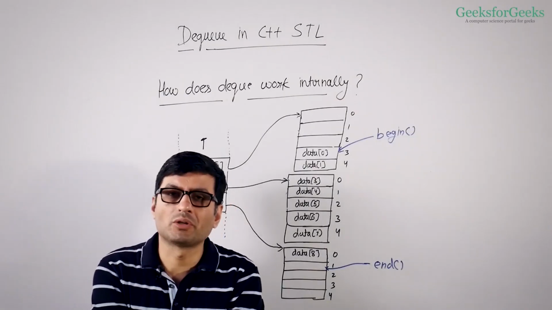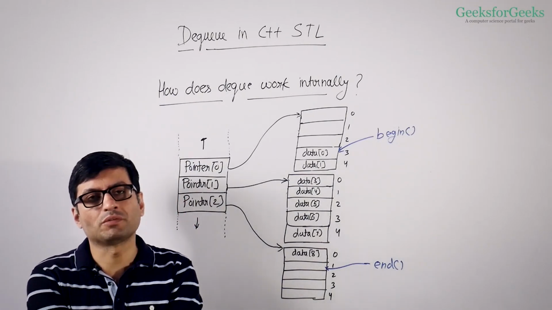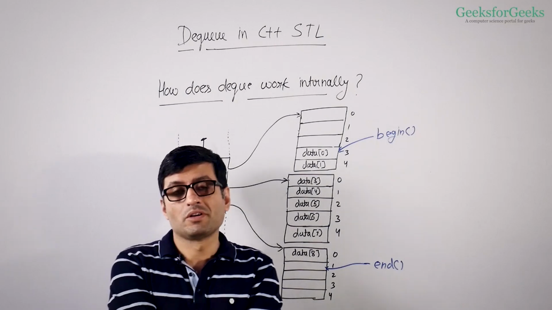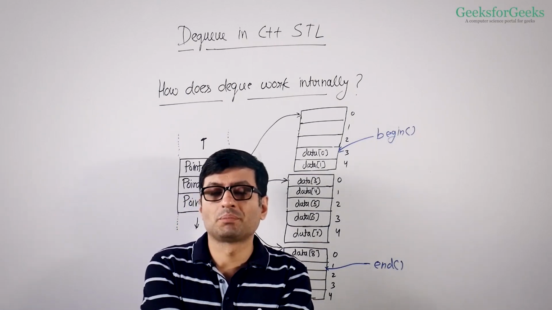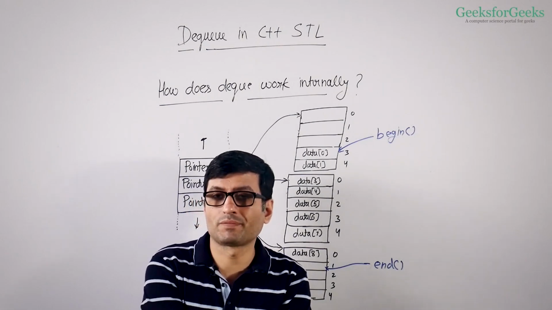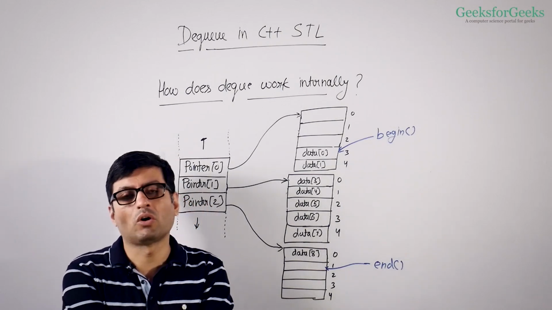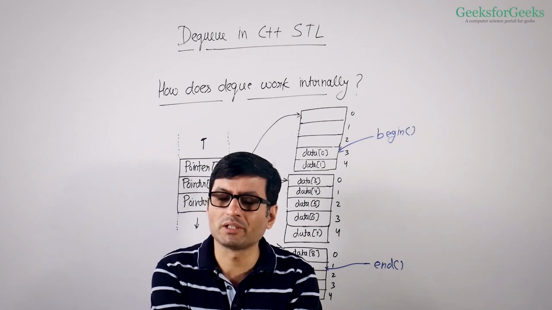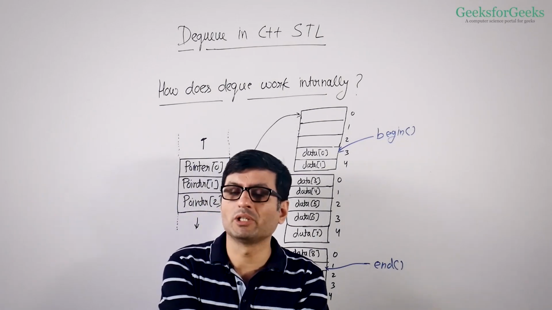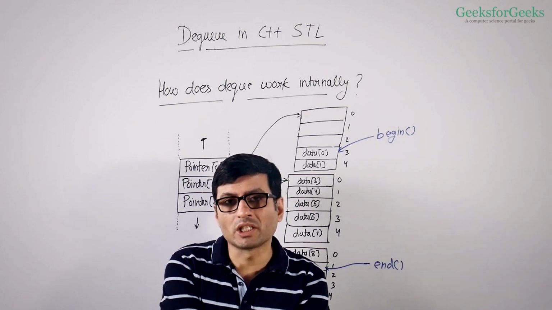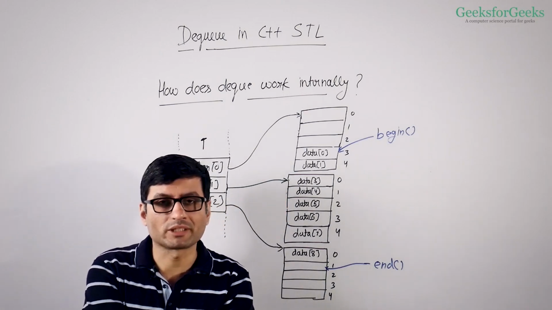Let us now talk about the internal working of DQ. DQ provides push front, push back, pop front, pop back, all these operations in big O of 1. All these operations are possible in big O of 1 with a doubly linked list. But a doubly linked list does not provide random access.